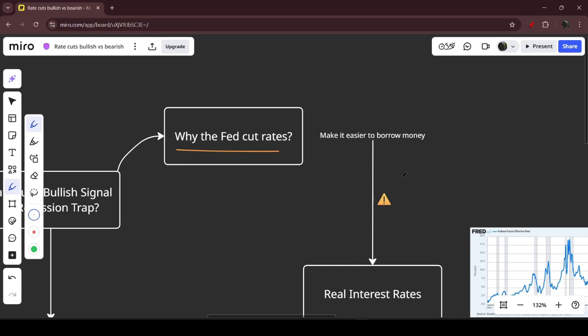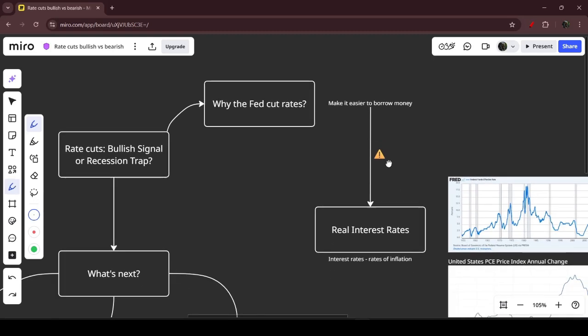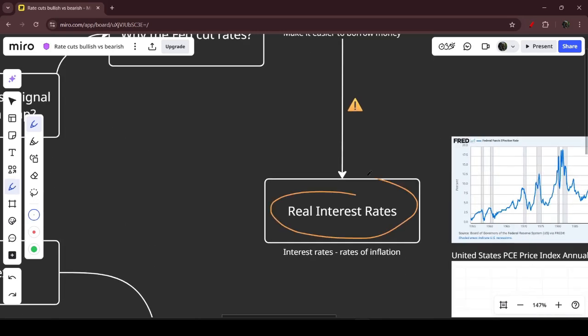But there is a caveat when it comes to cutting rates by the Fed, which is the real interest rates. And why do the real interest rates matter so much? It is because they show the opportunity cost of holding cash against risk assets. You can summarize the real interest rates with a real simple formula, which is interest rates minus the rate of inflation.